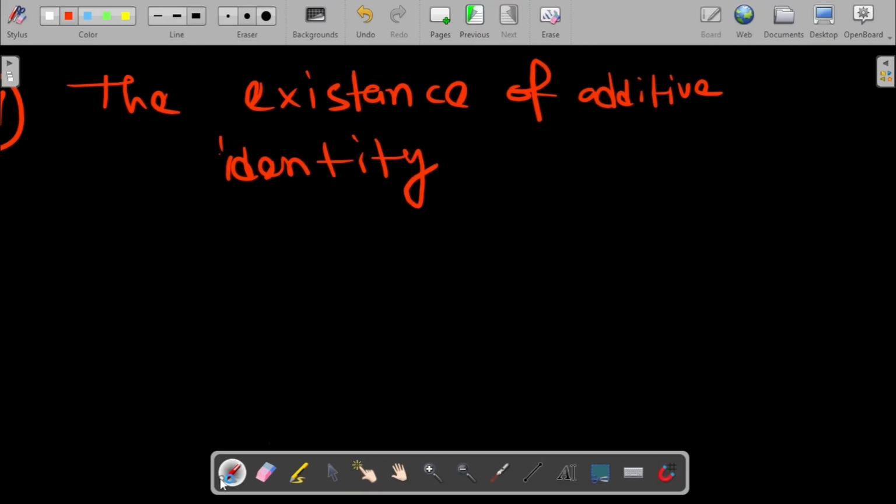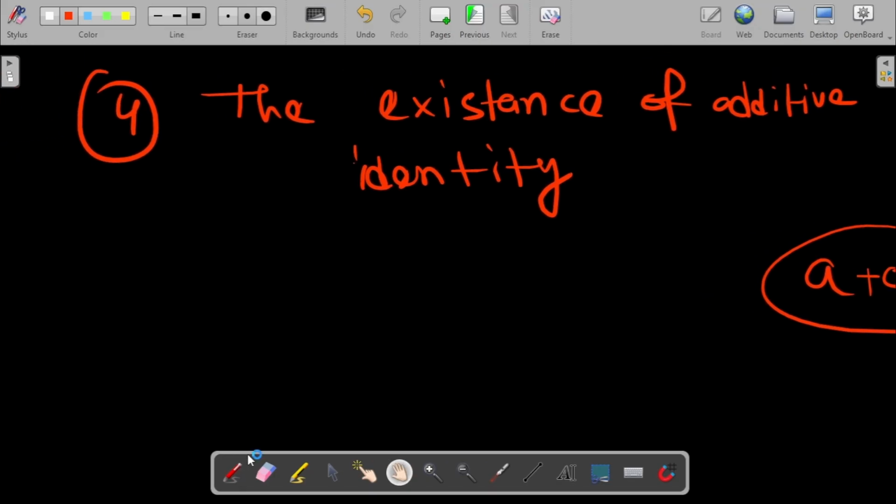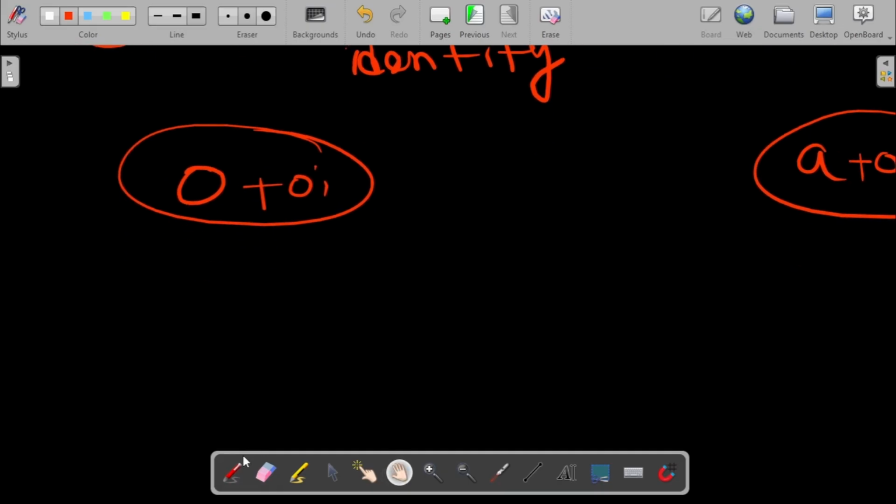In real numbers, we know that if I take any real number a, a plus 0 equals a. In complex numbers also, we have 0 plus 0i. If I add any complex number with this 0, we denote it as 0. So z plus 0 will give again z.